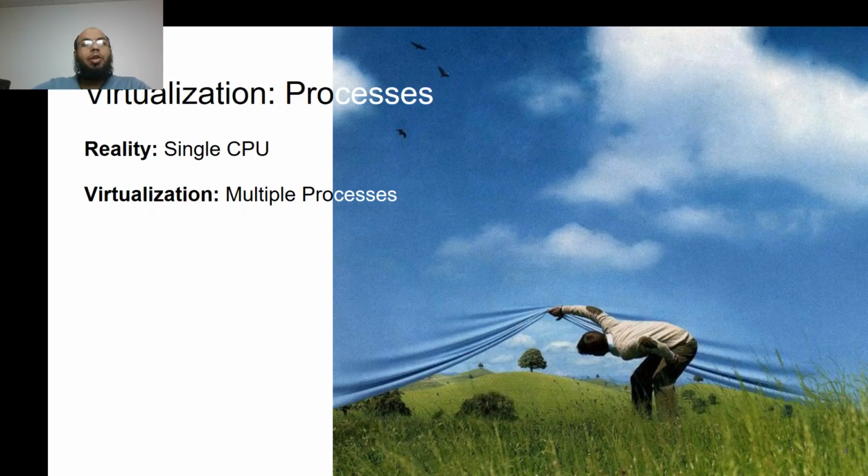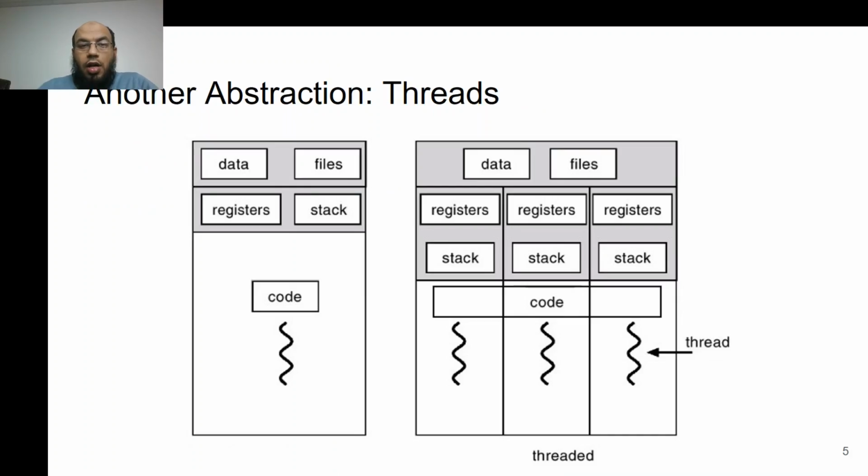Today we're going to talk about how the operating system implements concurrency, the ability of the same program to run multiple things at the same time. That is done by adding another abstraction, which is the abstraction of threads.